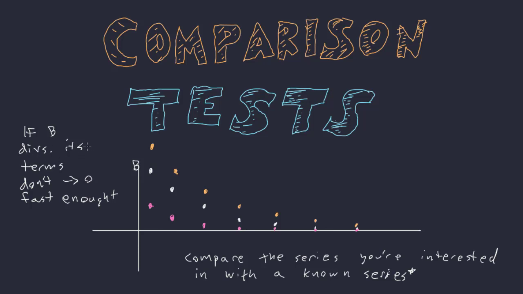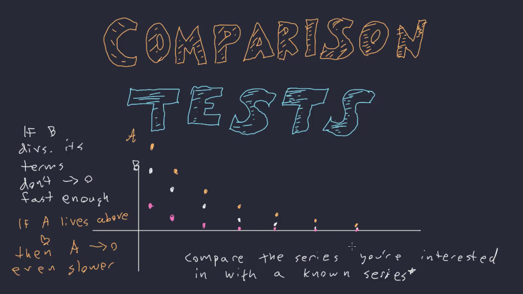So if B diverges, its terms don't go to 0 fast enough. And if A lives above this, well, then it also can't go to 0 fast enough. So then A goes to 0 even slower, or maybe not at all.